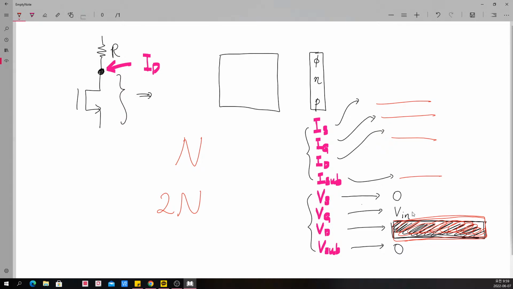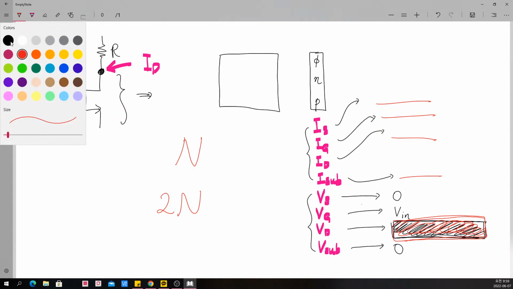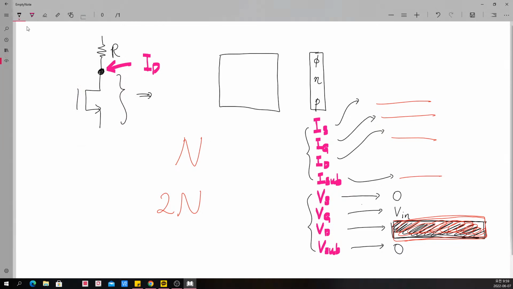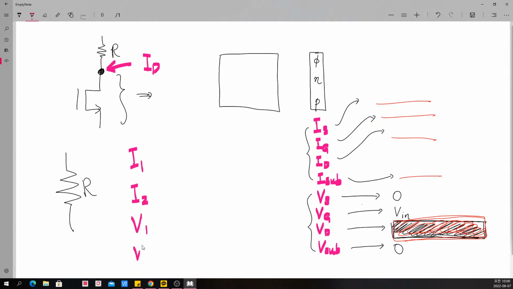Okay. Then now let's go to this terminal, this resistor. In the case of resistor, what happens? If we want to be general enough, then just following the convention we have just introduced, we can say that I1, I2, and V1 and V2 should be specified.